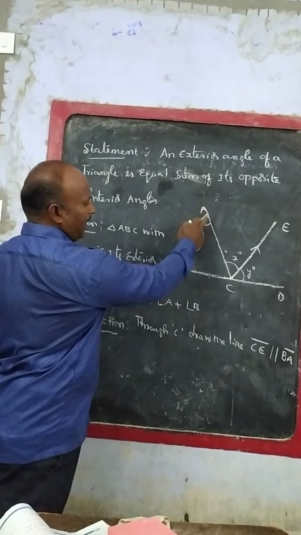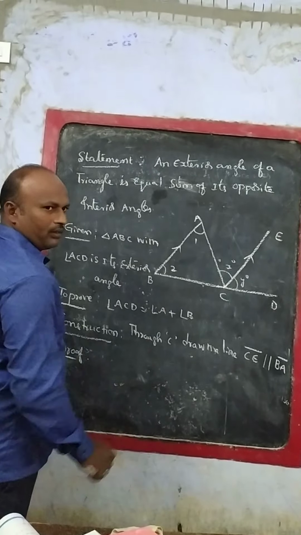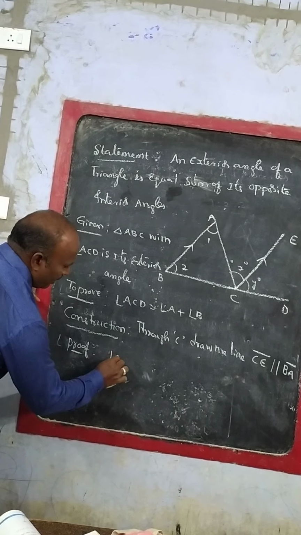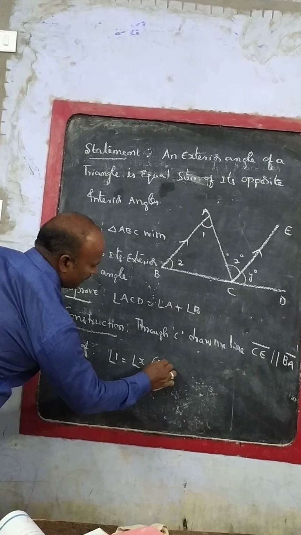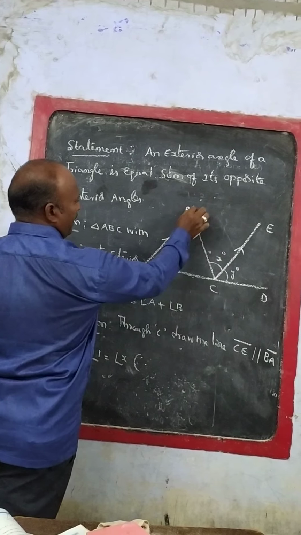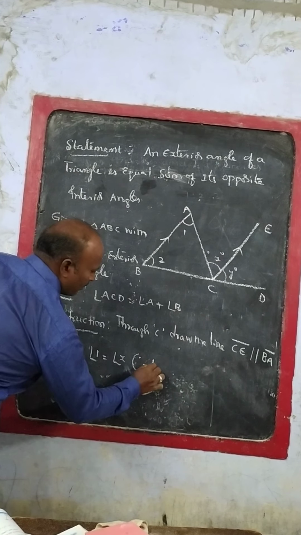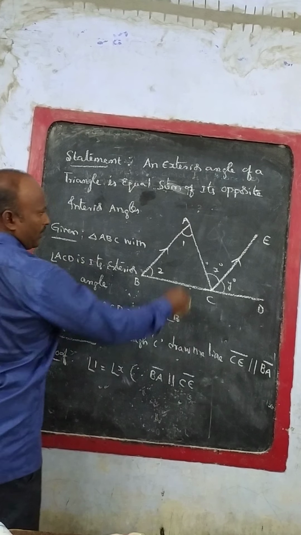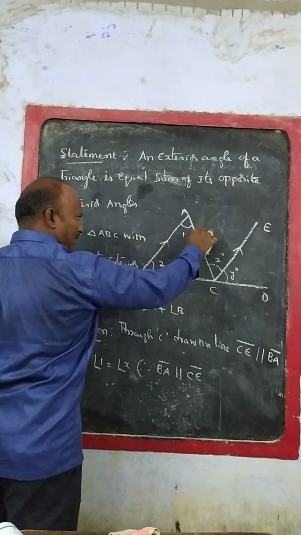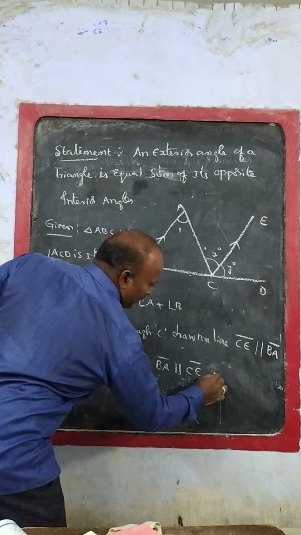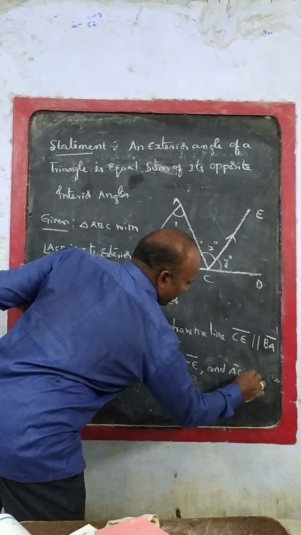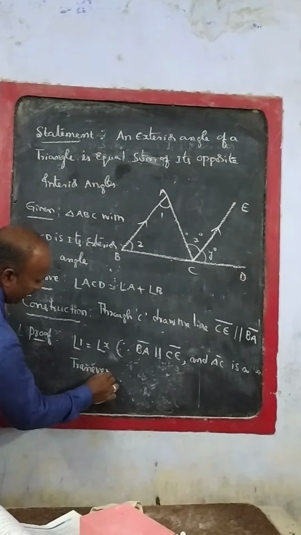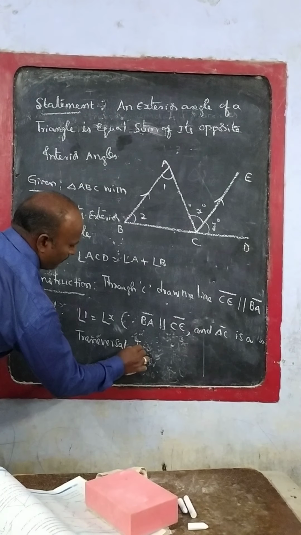We have to prove that angle ACD is equal to angle A plus angle B. Angle 1 is equal to angle x, since BA is parallel to CE, and also AC is a transversal.